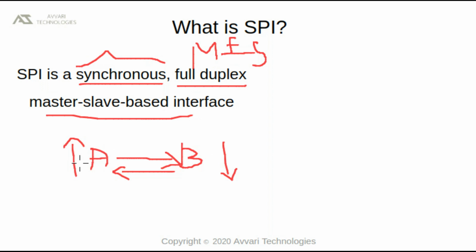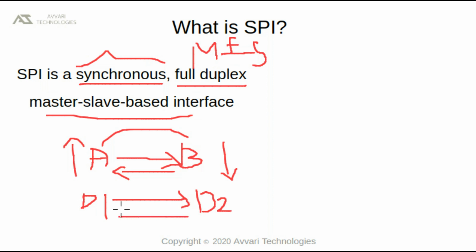If person A is talking at the same pace as person B, there is some possibility that these two people are communicating effectively. A similar principle follows in communication between two devices, device 1 and device 2. For these two devices to communicate effectively, they must share a common clock frequency.